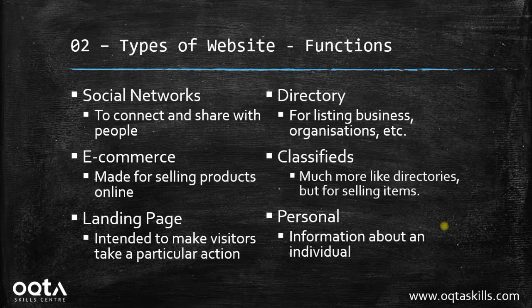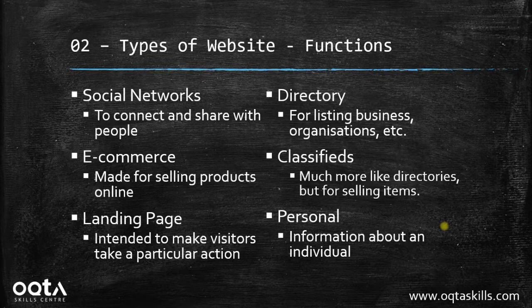First of all, we have the social networks, and I'm sure every one of you is familiar with social networks. That's Facebook and Twitter. We are all there, right? So that's the social network, and its function is to connect people for messaging and other stuff.